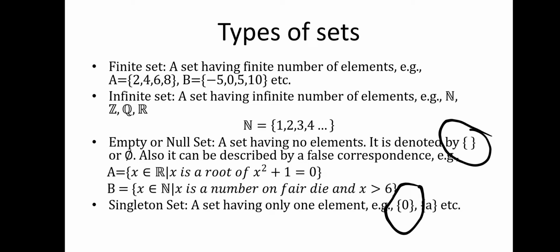So singleton 0 is a non-empty set. But when I write two empty braces, that represents an empty set or null set. So these two are very different. 0 does not necessarily mean that it is null, because 0 is still a value. Fine.